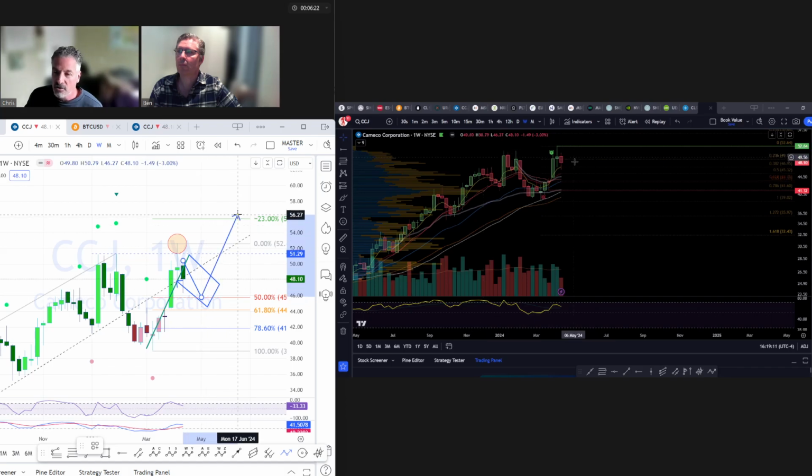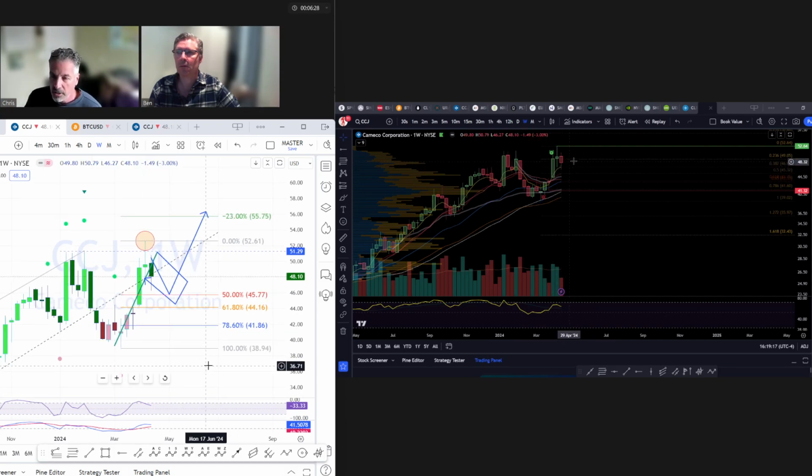You really don't want to see this 38% retracement get breached, which it did, but it was a quick overshoot and it recovered. So as bad as things seem everywhere in the markets right now, including uranium, we still have a valid cup and handle on the weekly chart, and we still have a valid bull flag on this weekly chart. So as bad as it seems, again, it's still there.